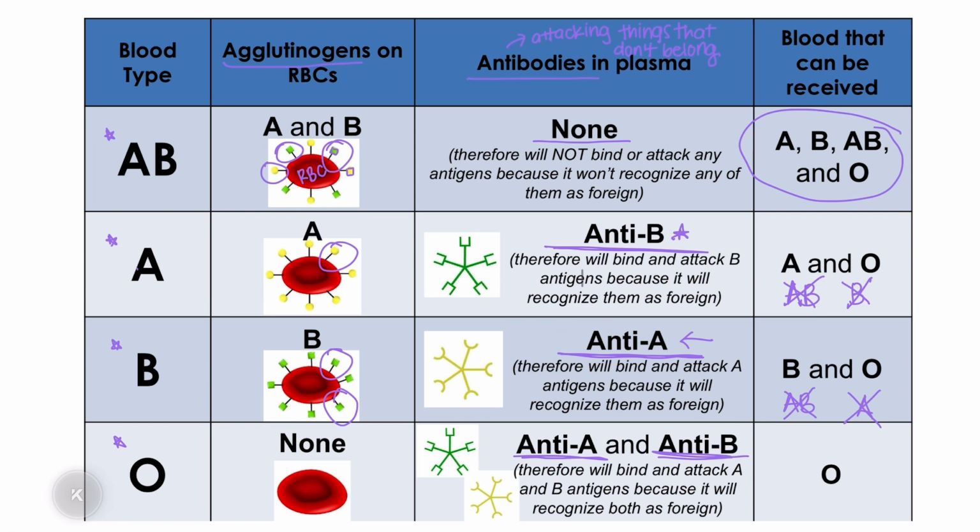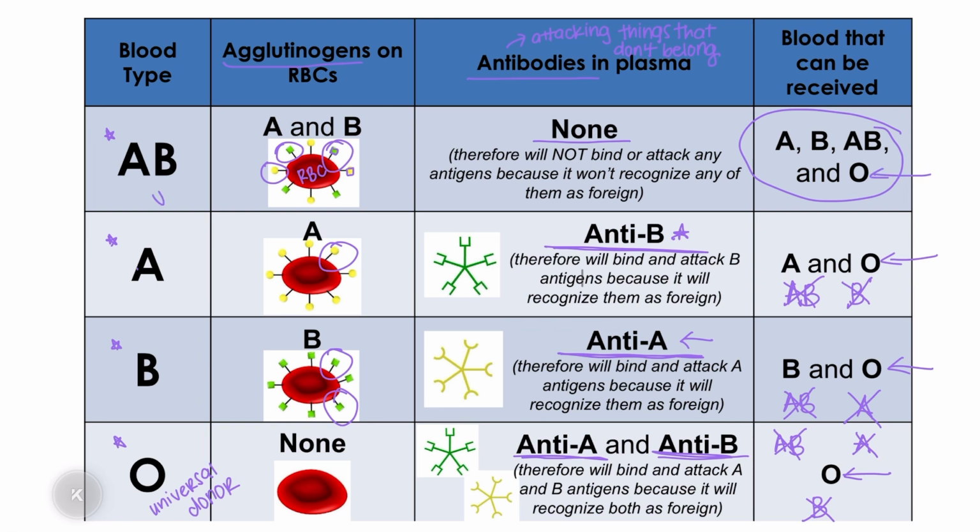And then finally, blood type O, since you have anti-A's and anti-B's, you can't have anything with A's or B's. So unfortunately that means you can't have blood type AB, you can't have blood type A, and you can't have blood type B. So the only thing that you can accept is blood type O. So that's why O is known as the universal donor, because it can give to everyone.